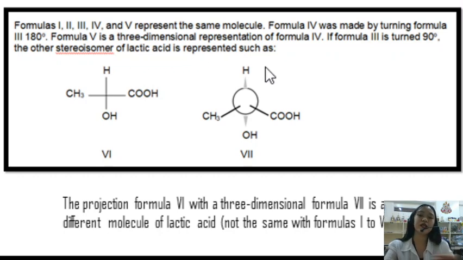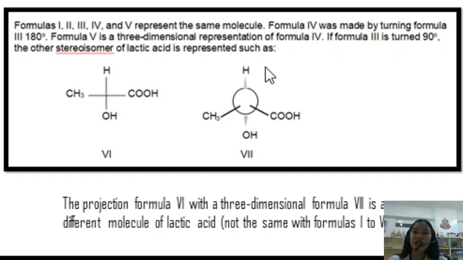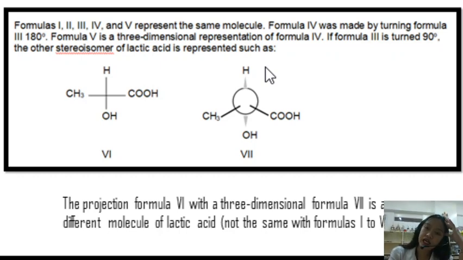So, sabi nga, nabanggit kanina, your lactic acid has a chiral carbon. Meron siyang chiral carbon. Therefore, it is an optically active substance.